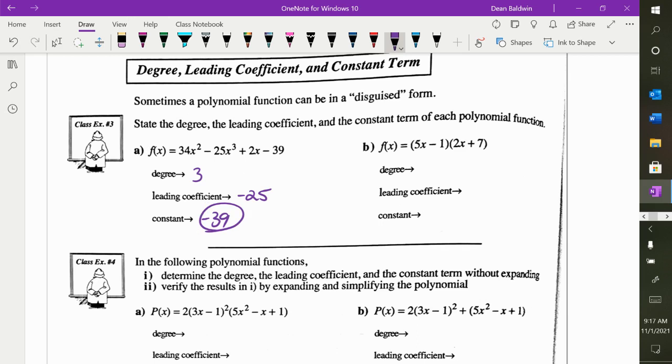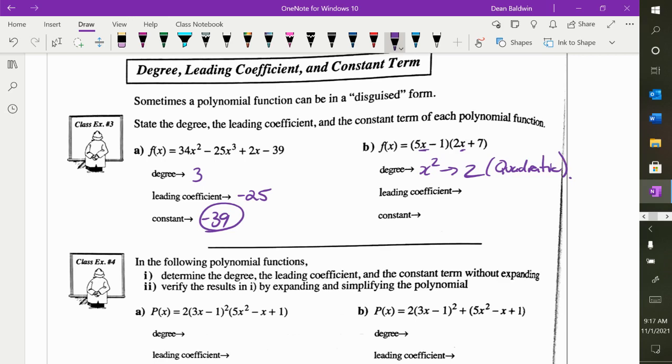What if it's not? So we look at this one here, two binomials being multiplied together. You can multiply it out, but we're going to do it without multiplying it out, okay? So what is the degree of this polynomial? 2, because all that really matters is x times x, correct? So you're going to get an x squared, which is 2, which is also known as a quadratic. What is the leading coefficient? 10.